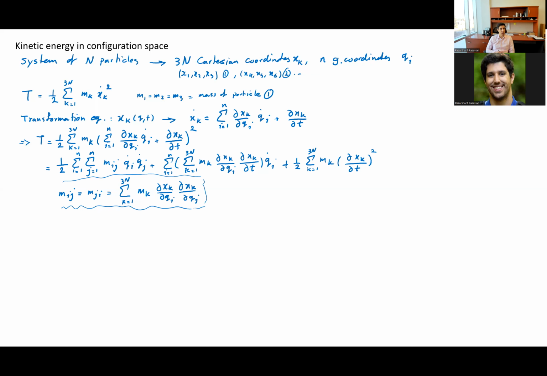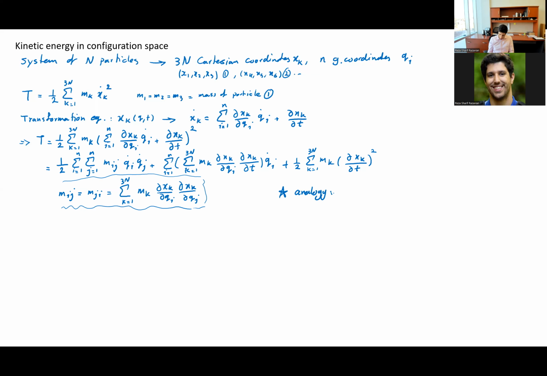And this Mij or Mji is essentially some effective inertia that is associated with the direction or the coordinate qi and qj. So I want to draw an analogy.